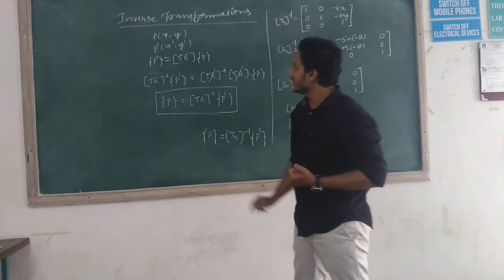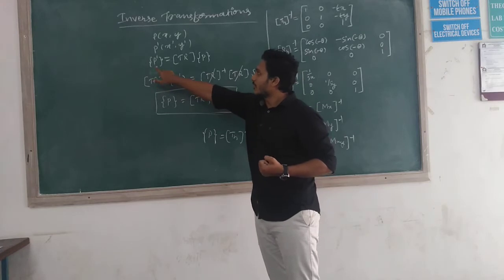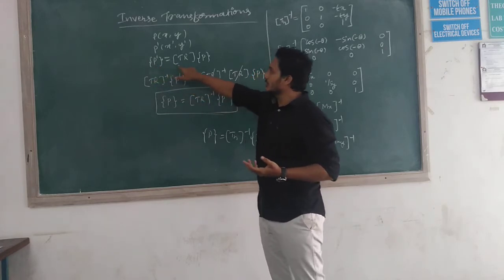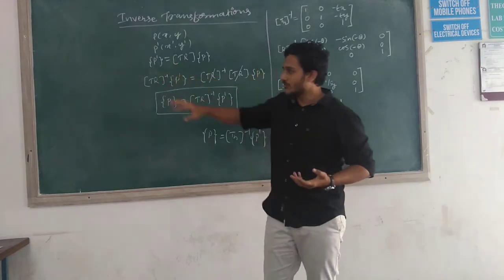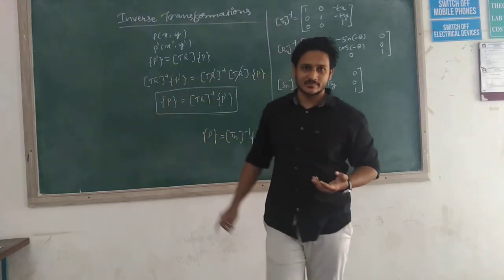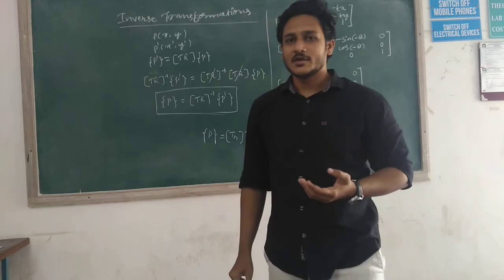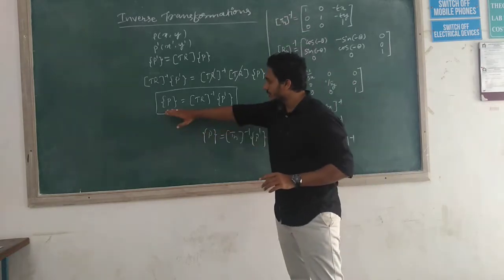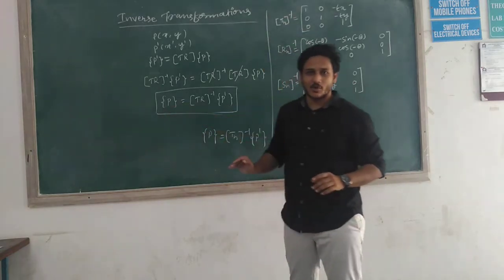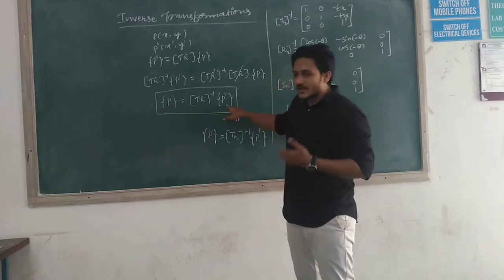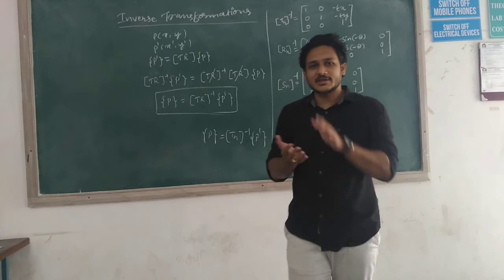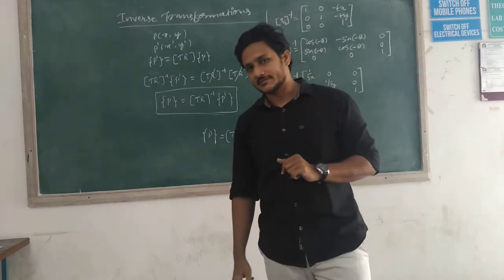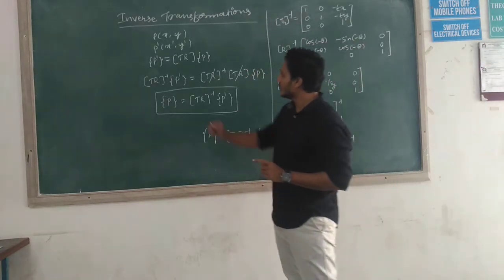So this equation, which is in the form of the transformed point, I want in the form of the initial point P. If I get the equation for the initial point, and they give the transformed point and the transformation matrix, I can get the initial point easily.